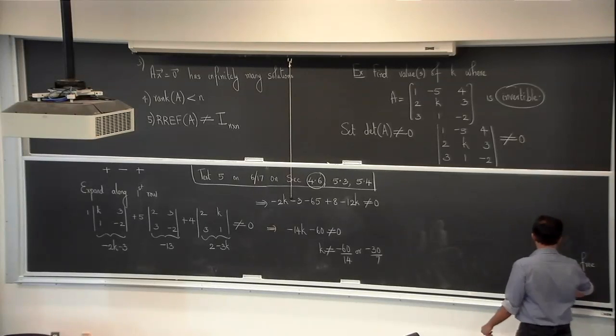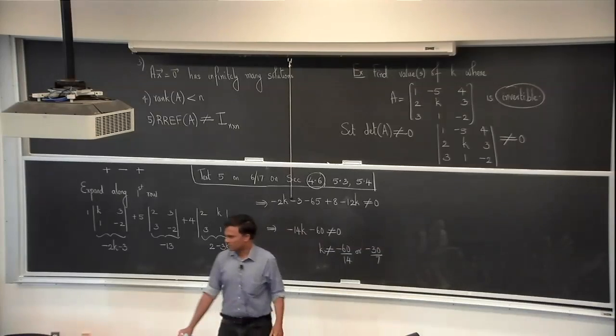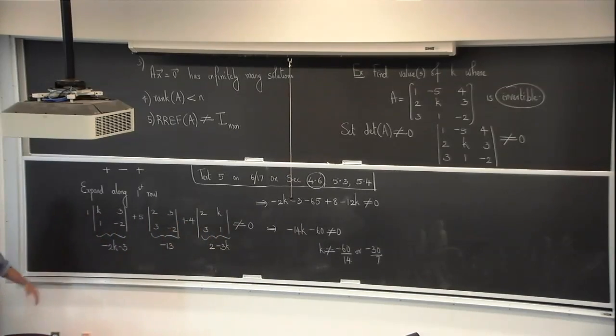You would have never guessed that number by just staring at that matrix or trying all kinds of numbers. Unless you use the invertible matrix theorem, you're not going to know. That is the only number you have to avoid. As long as k is not equal to this number, you're good.